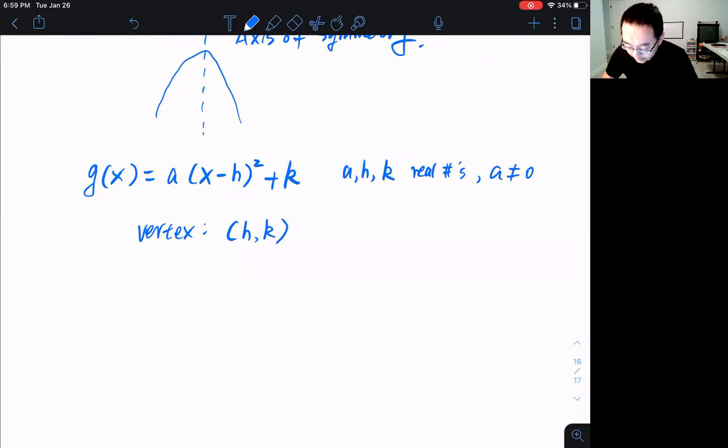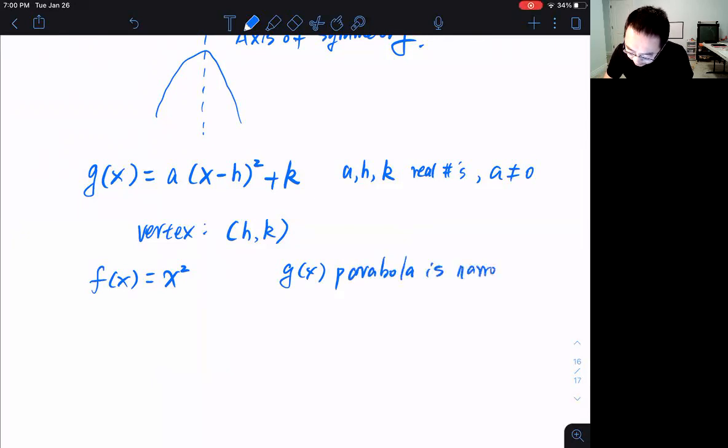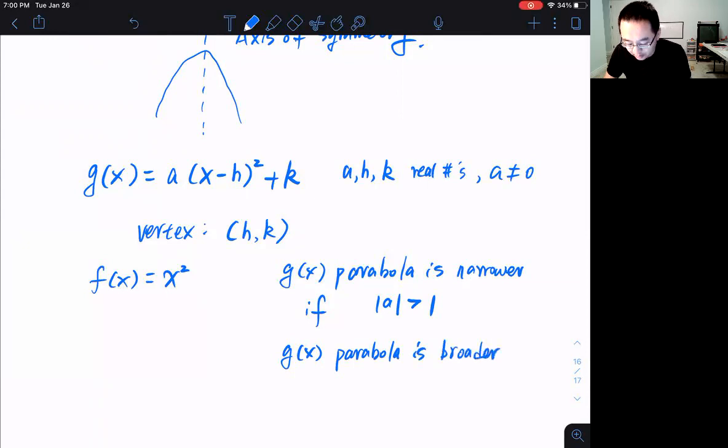Compared to your similar function f of x equals x squared, which is the simplest quadratic equation, the g of x parabola is narrower if the absolute value of a is greater than 1, and it's broader if the absolute value of a is between 0 and 1.